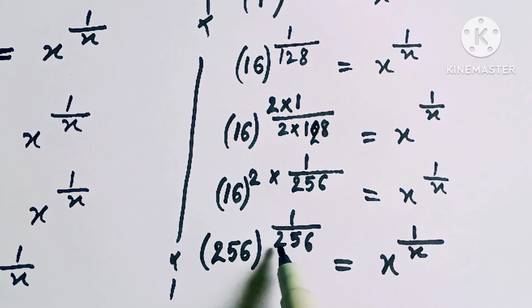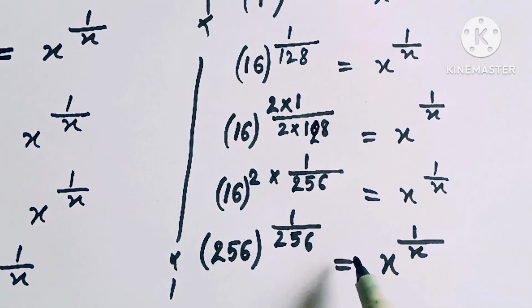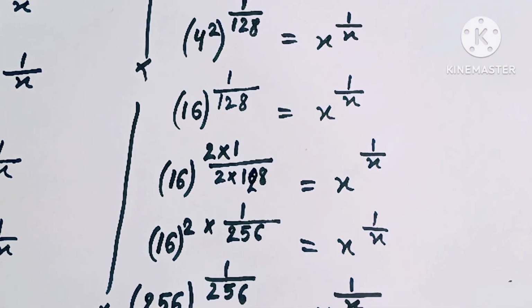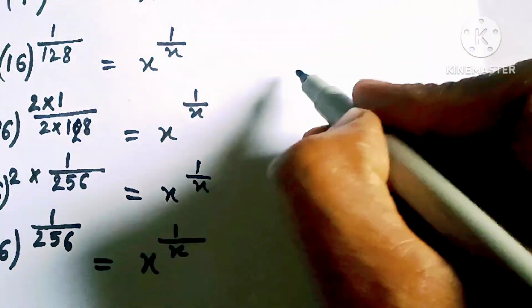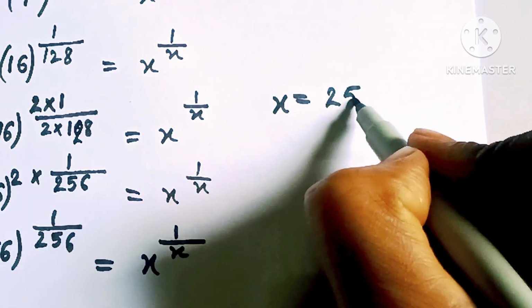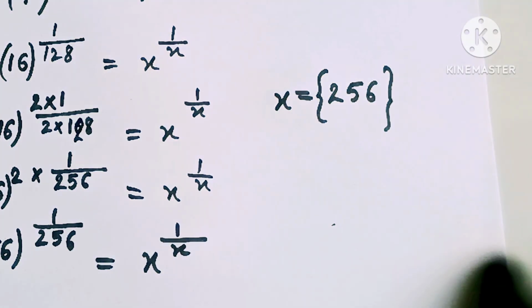So these are matching, and these are matching. So we can easily compare either exponents or base. So we have x equal to 256 as the answer. So x is equal to 256 is the solution of this problem.